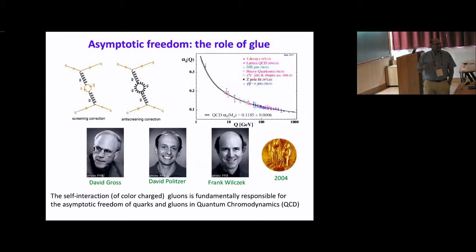Now, of course, I think someone said that every talk on QCD has to have a plot of the running of the coupling with the momentum transfer. But you know, it's good to stare at things that you know very well sometimes. And what was really remarkable about this was that in QED, we know that when two electrons scatter off each other, they can emit photons, which will then go into some electron-positron pair, which will screen the charges between the electrons.